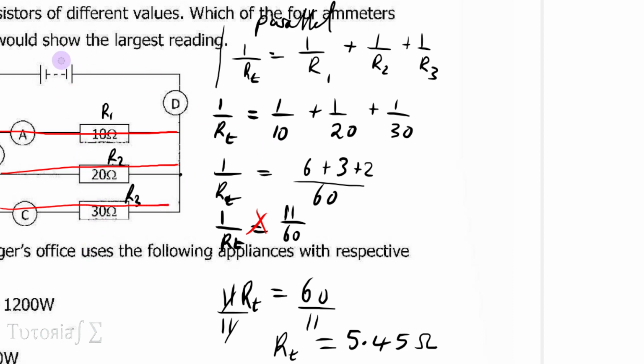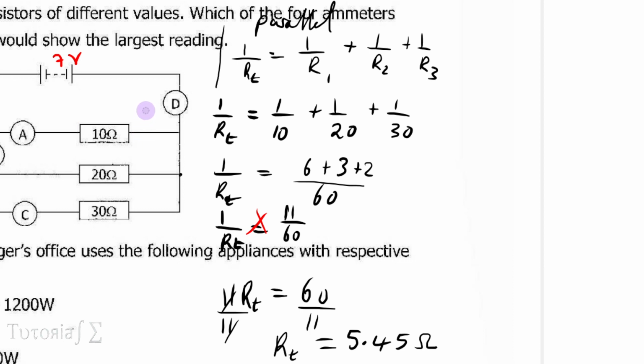Now what you need to note is that let's say you've been given the voltage here. Suppose you've been given 7 volts. For instance, if this is a 7 volt battery, the voltage only reduces after it goes through a resistance.